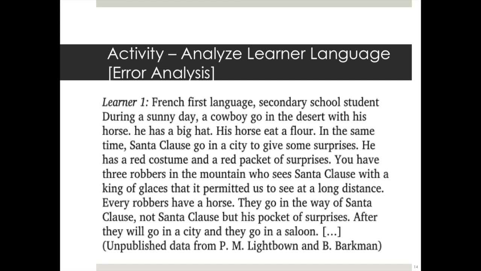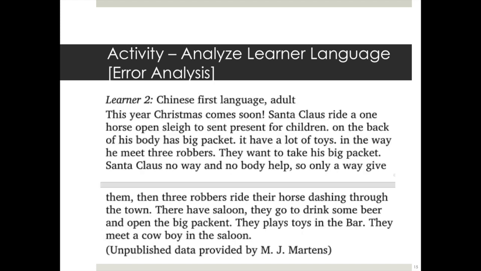And as you will see in the next slide, we have learner 1, and you can see some characteristics of French errors from French learners of English, and learner 2 is errors which are more symptomatic of Chinese learners of English.